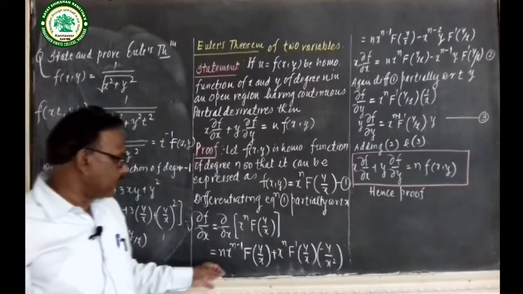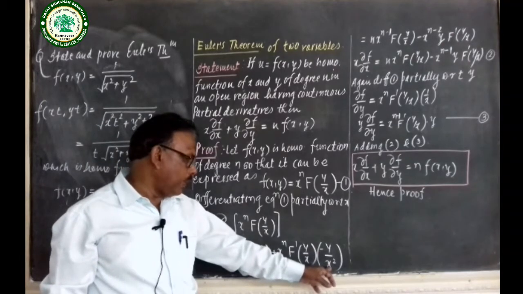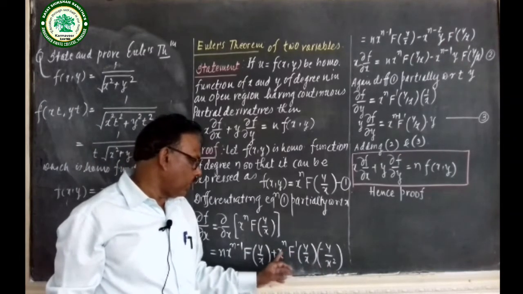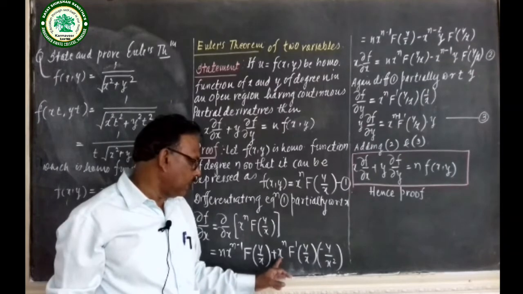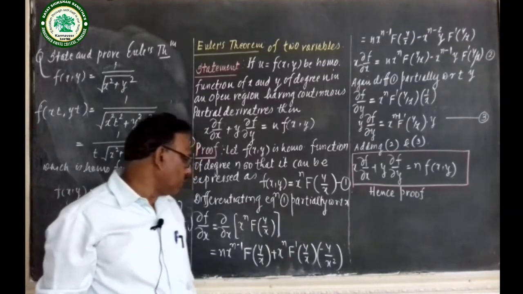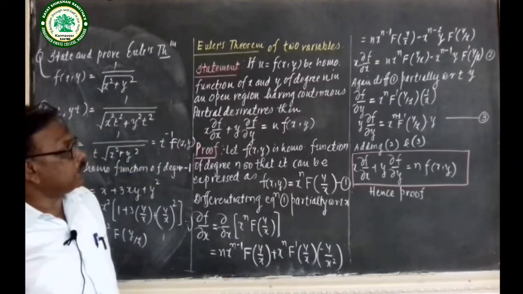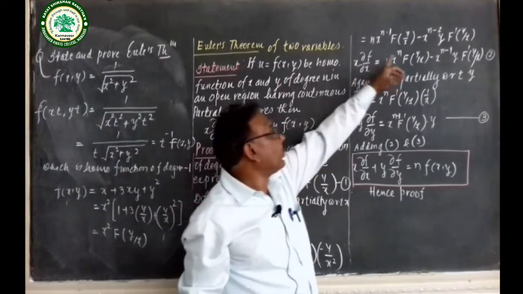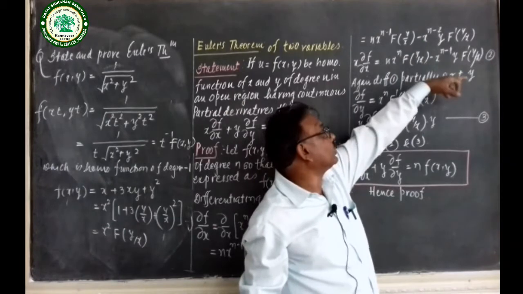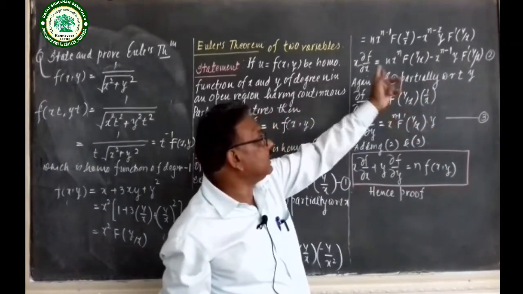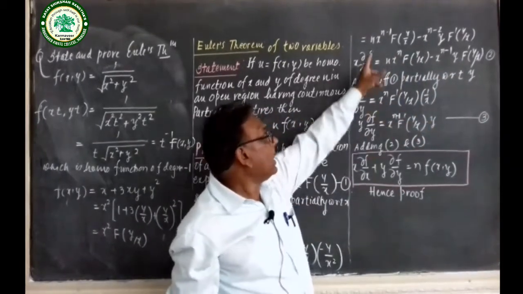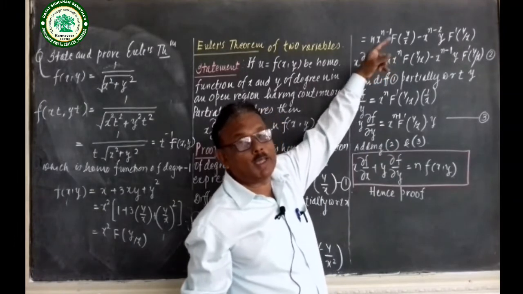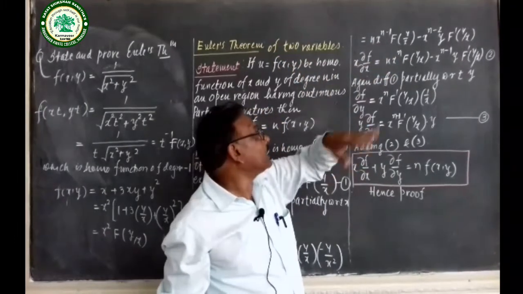Now on simplification, x square in the denominator will be cancelled for one x square. Therefore there will be a term of x raised to n minus 2, this term remaining as it is. Therefore n into x raised to n minus 1 into F of y by x minus x raised to n minus 2, y remaining as it is, F dash of y by x. Now we are going to multiply this equation by x.